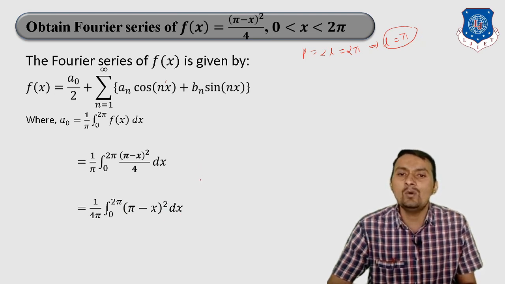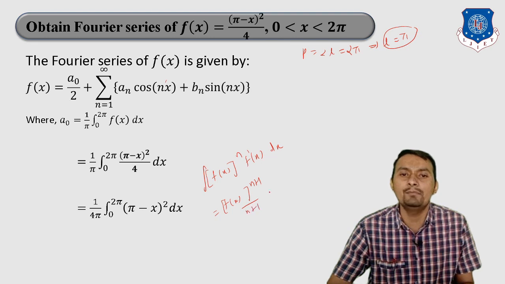Whenever it is required, we will use this formula: integration of f of x raised to power n, when the derivative of the function is there, equals f of x raised to n plus 1 divided by n plus 1, and that formula we will use here.